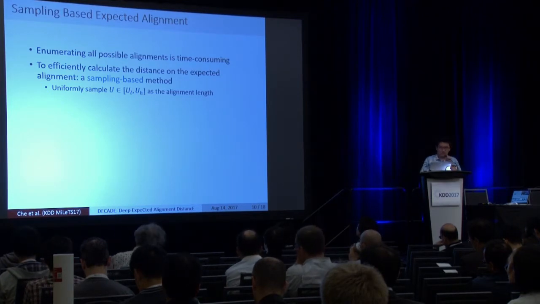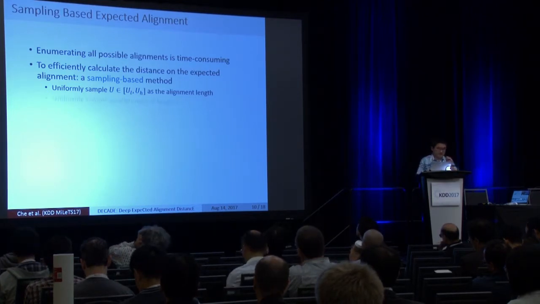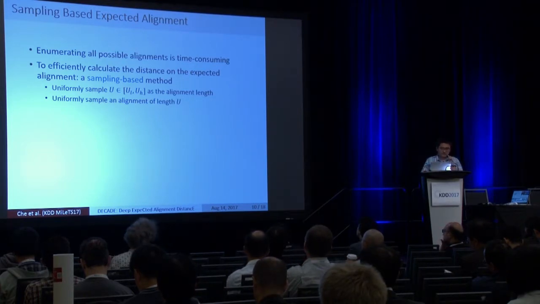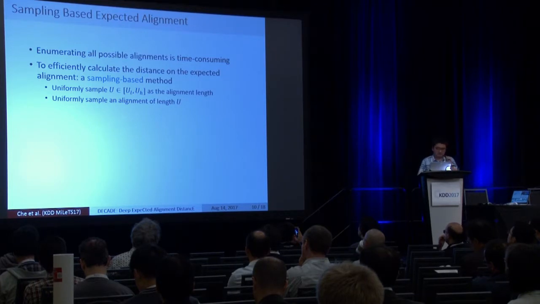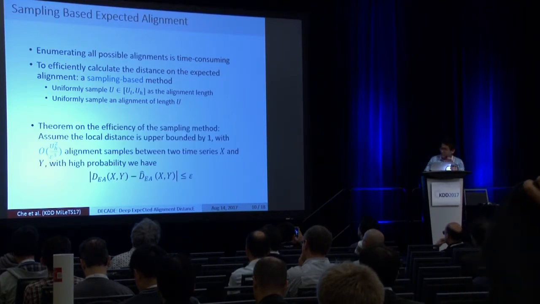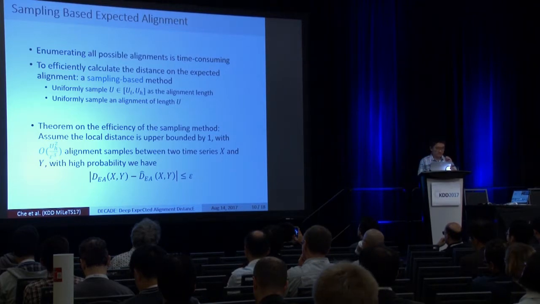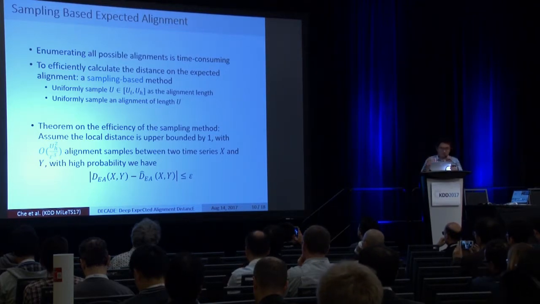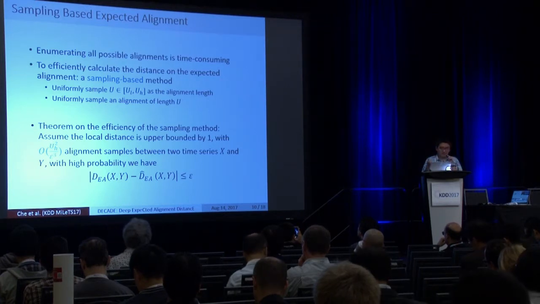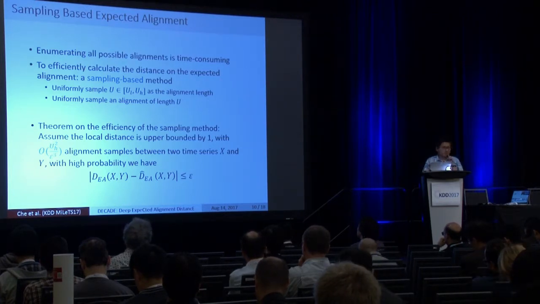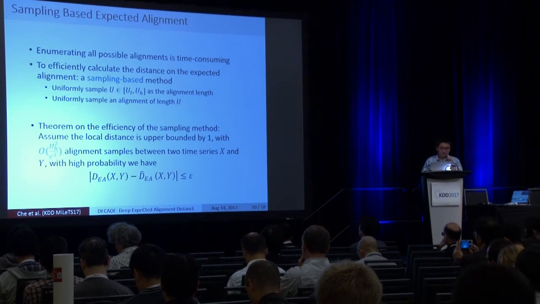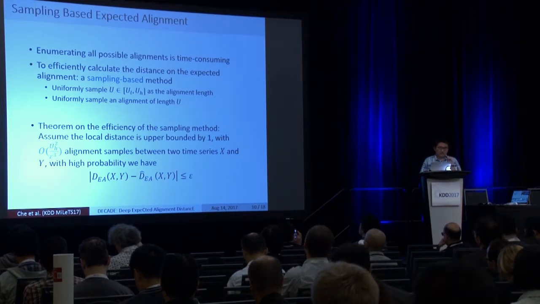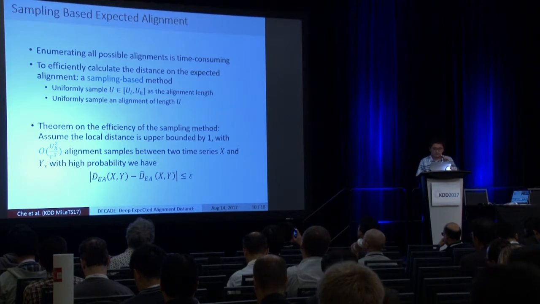First, we uniformly sample the length of the alignment, and given the length of the alignment, we can uniformly sample alignments with that length from all the possible alignments. We can also show that given our sampling strategy, the approximated distance is quite close to the ground truth expected distance. And even in our experiments, we can use even fewer samples to get a very close distance.